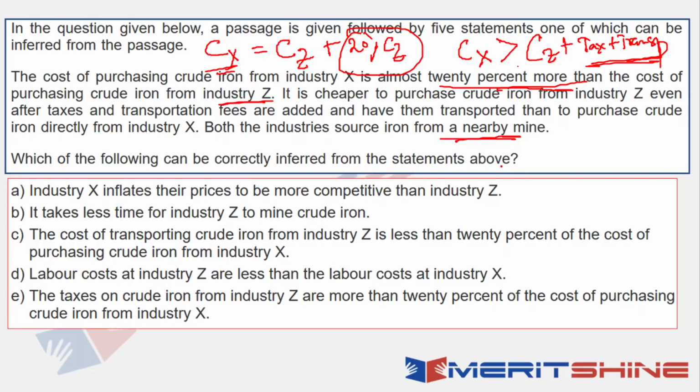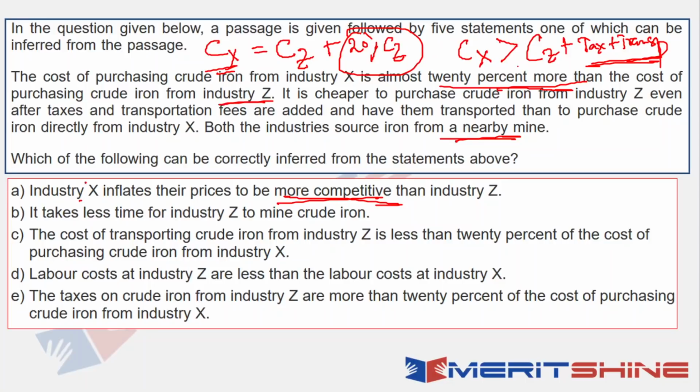So basically we'll have to go through the options and see. We have these two equations, and these two equations would help us to answer. Industry X inflates their prices to be more competitive than industry Z. See, more competitive means it is easy to buy. Now, if you want to make price competitive, you will reduce the price and not increase the price.